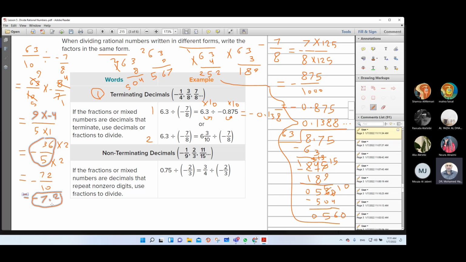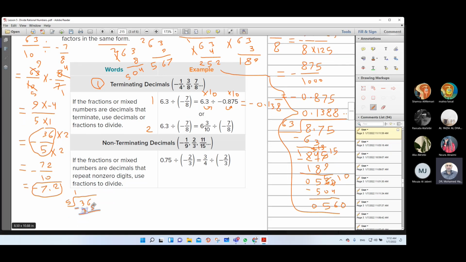And if you want the answer as a mixed number, you can do long division. 36 divided by 5 will be 1. 1 times 5, 35. 36 minus 35 will be 1.